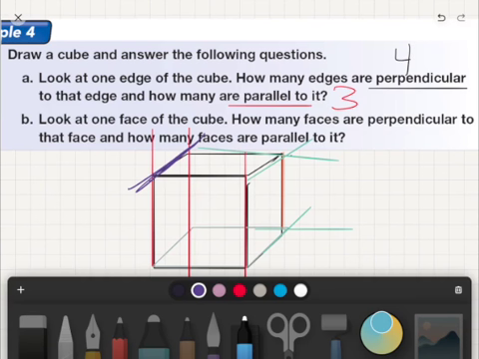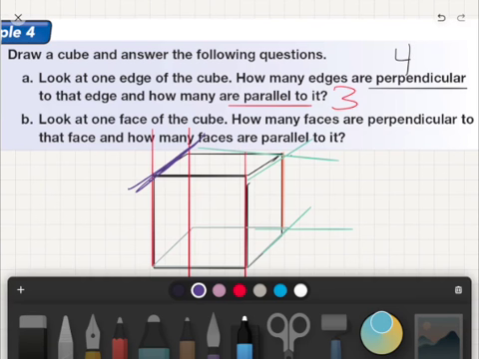The one on the back would be perpendicular to it, and the one on the front would be perpendicular to it. The only one that is not perpendicular to it would be this back one here. So the answer for this one would be 4.